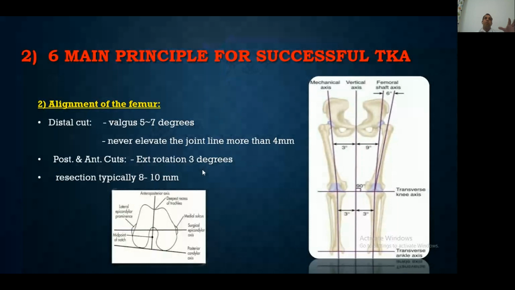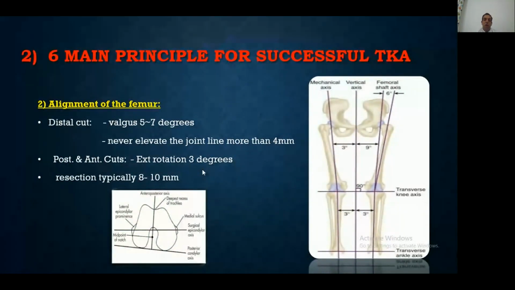You know, to understand this operation, we have three important cuts. The tibial cut, you can understand it. We cut the tibia proximally, horizontally. And we have two other important cuts: the femur distal cut and the femur posterior cut.